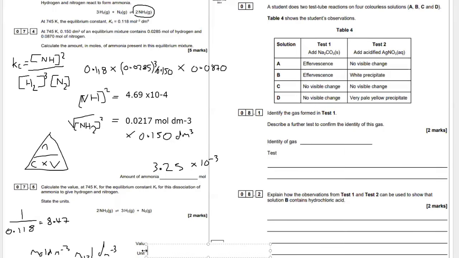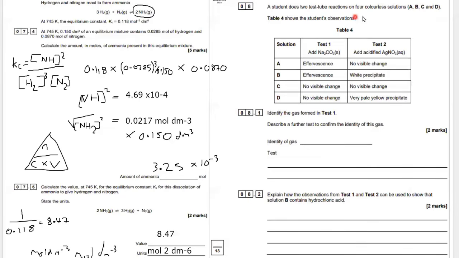All you want to do there is combine the units, so we get mol 2 dm -6. You just combine the units by adding them together, and there's your units. Okay, and here's our value, 8.47. So I might as well type that over here, 8.47. Nice. Right, moving on.